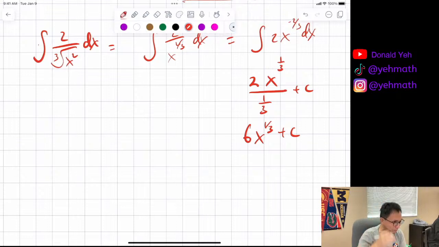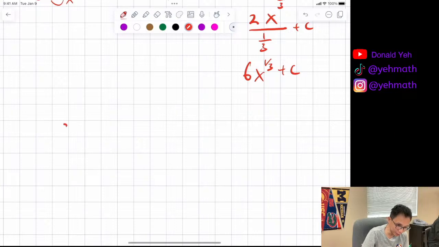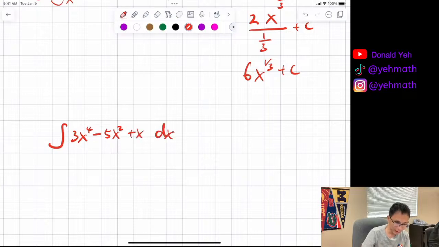Right. So that's that. Okay, so how do I take the integration of 3x to the 4th minus 5x squared plus x dx? We can take an integration by itself, like small things, just 3x to the 4th, 5x to the 2nd, or just x. We can break them apart and take the integration separately. So this is pretty easy.